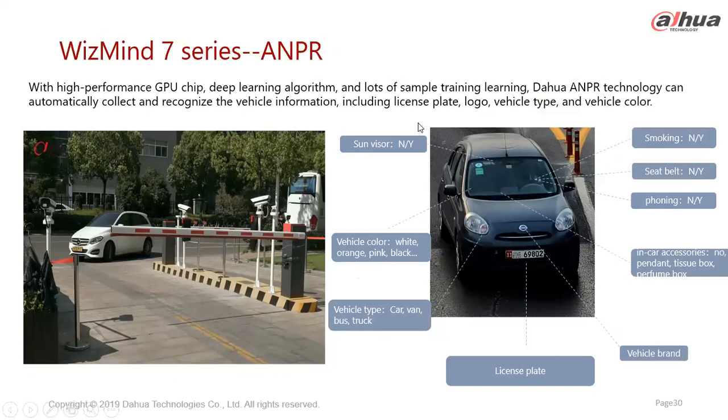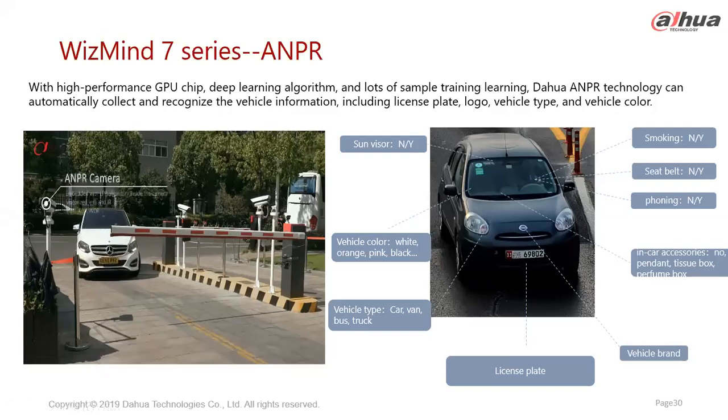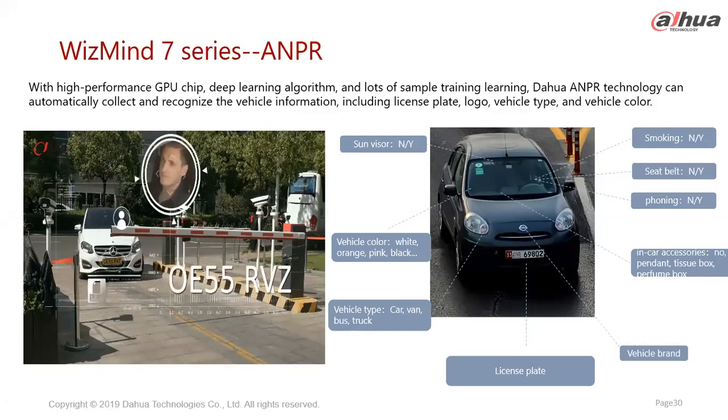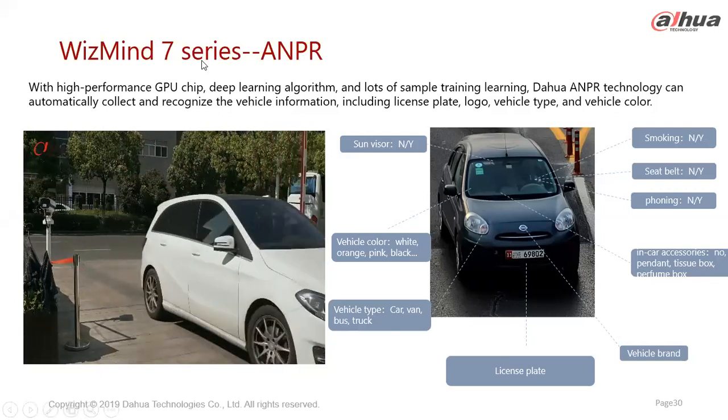Those of us who have done number plate recognition and installation of barriers may have interacted with ITC. It's a cheaper version of Wizmind 7 cameras. Instead of having all those features at a cost, you have ITC with the number plate only at a cheaper price.